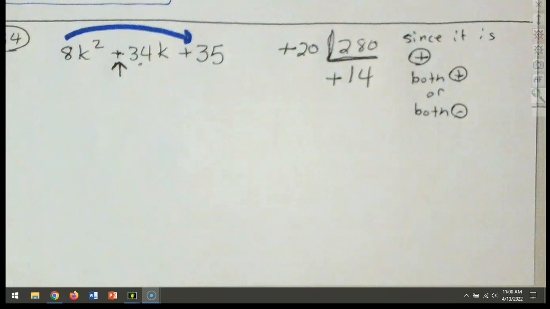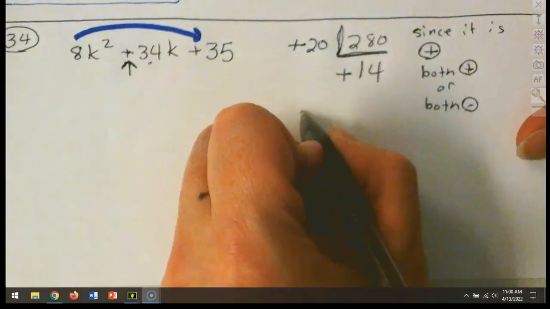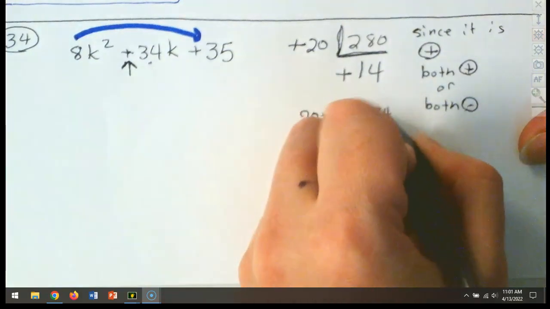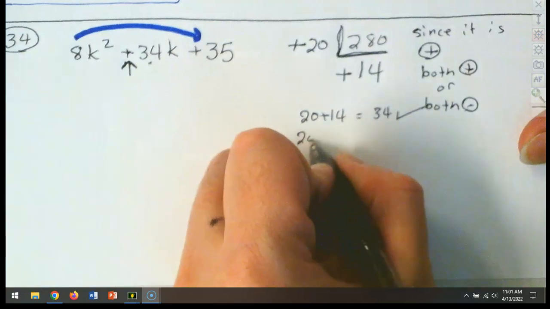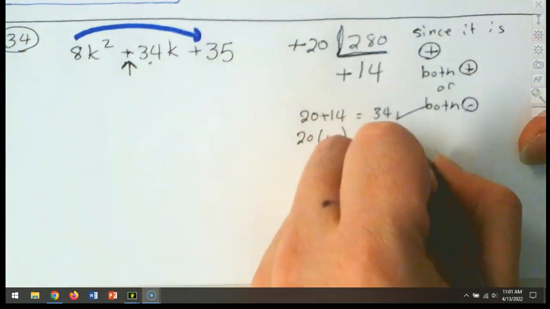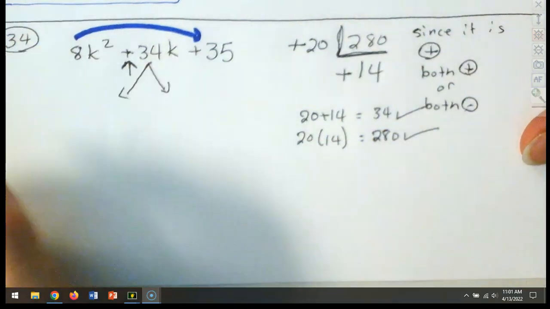So that's where we're going to begin. 20 and 14. How do we know? 20 plus 14 is 34. That checks out. 20 times 14 is 280. That checks. So then what do we do? Split the middle up.